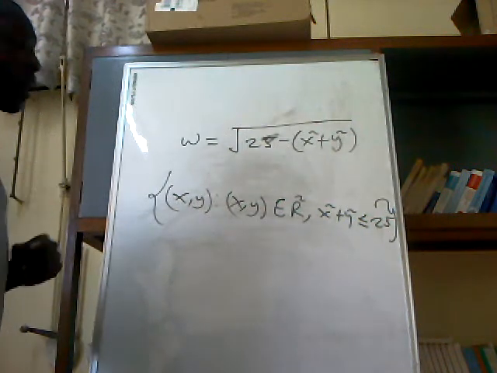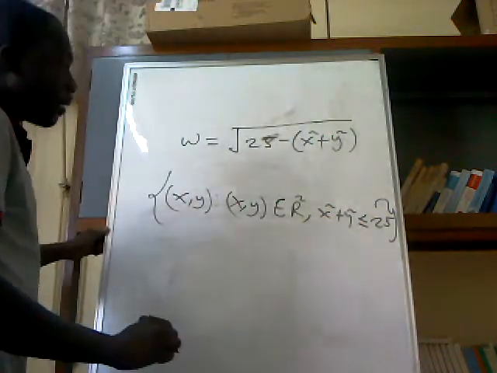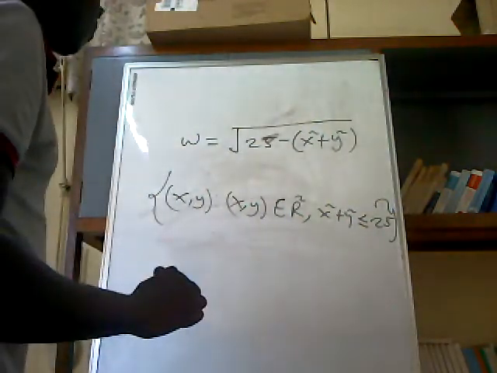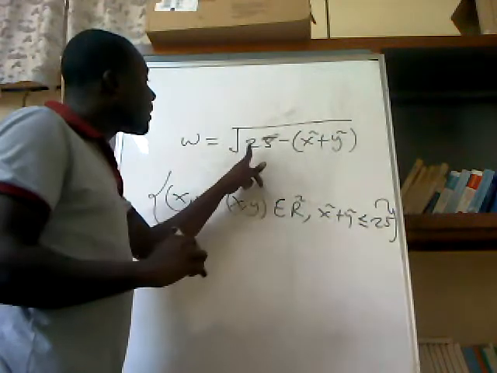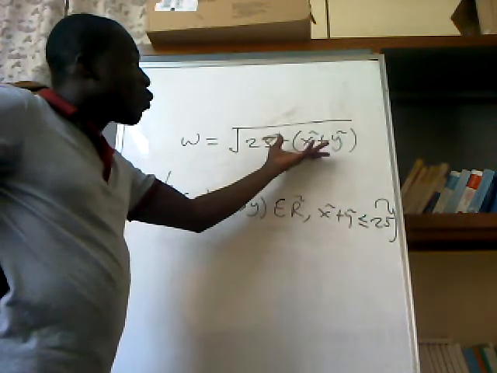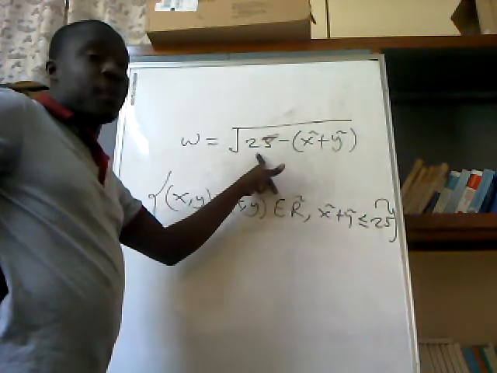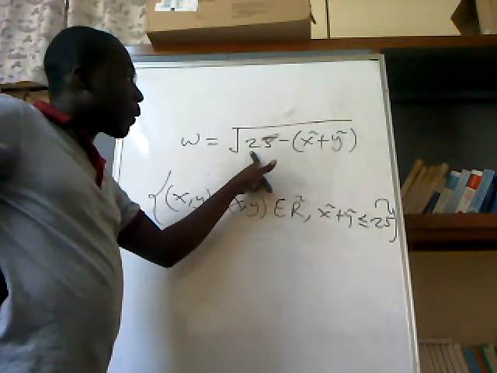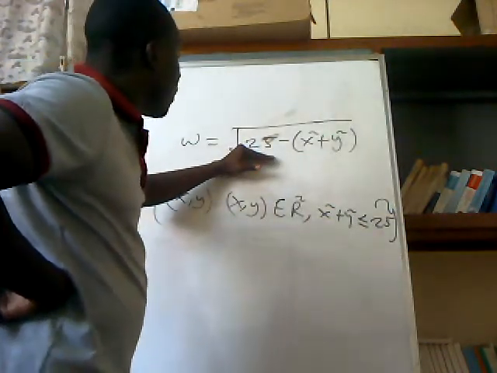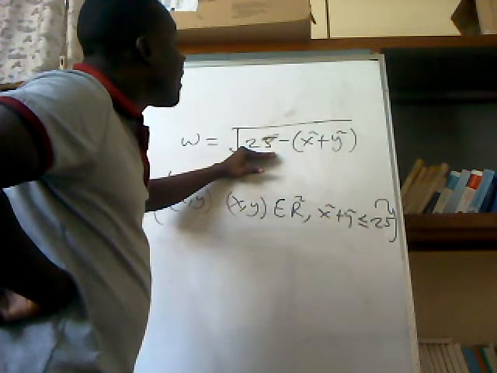We can also look at the domain, and let's talk about the range. Now, whatever it is, the highest value this can take would be when x squared and y squared, which will always remain positive, are 0, so that this becomes 25. That's the highest value it can take. And it can't be negative, it's always positive, so the lowest it can take is 0.